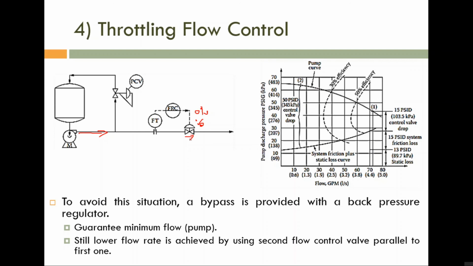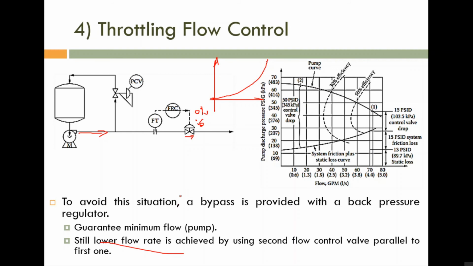Looking at the characteristics of the equal percentage valve, this value is Q minimum. Actually, this one is (Q minus Q minimum) divided by (Q max minus Q minimum) times 100, I think. So Q minimum is the minimum flow.